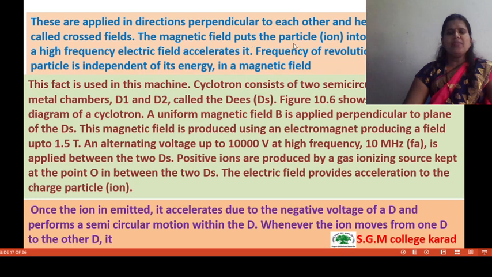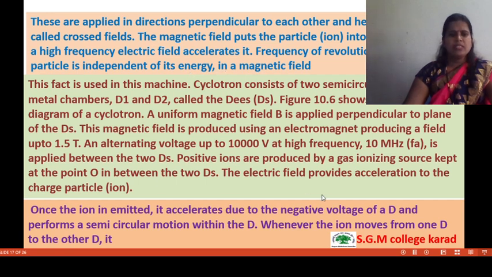The magnetic field puts the particle into a circular path and the high energy electric field accelerates it, and the frequency of revolution of the charged particle is independent of its energy in the magnetic field.